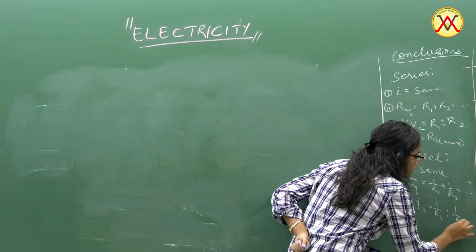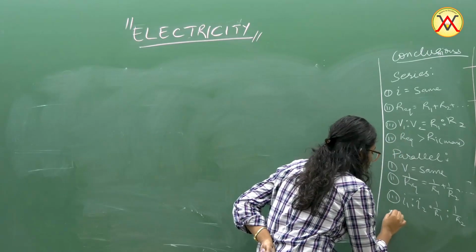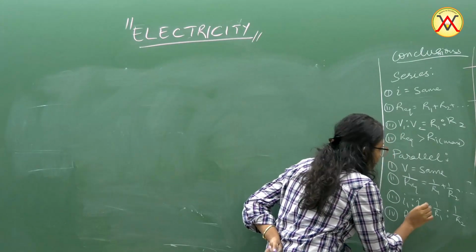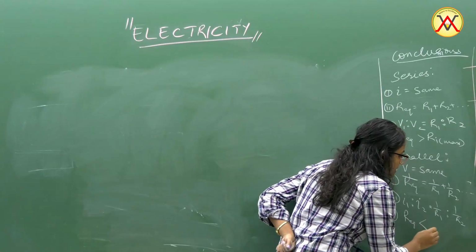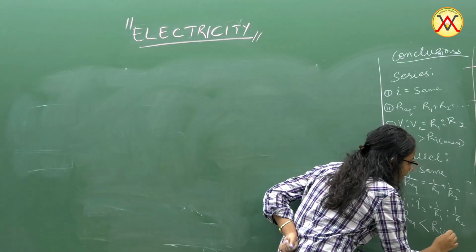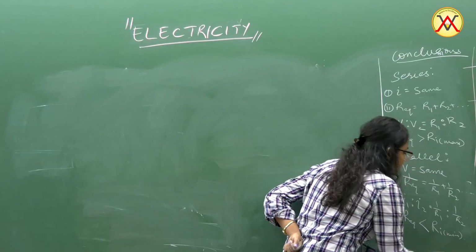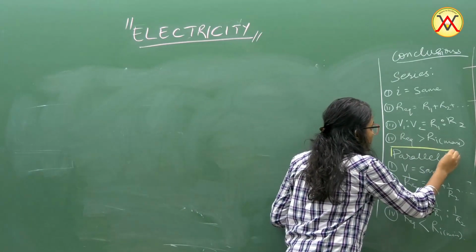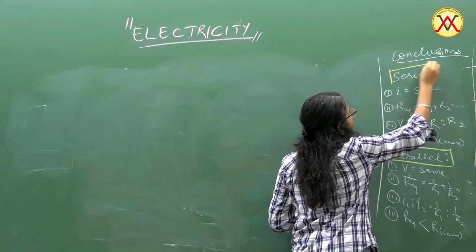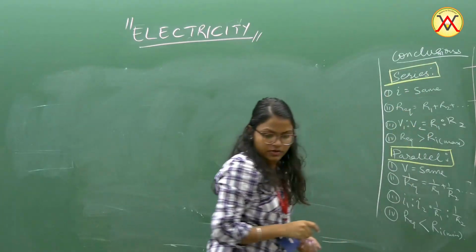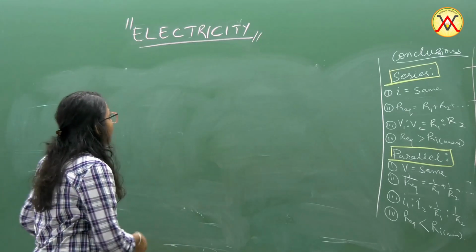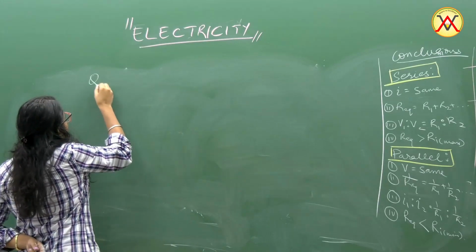Inverse ratio of resistances. Fourth conclusion, our R equivalent value is less than the minimum individual resistor. This was for our parallel combination, and this was for our series combination. Let's solve a question.